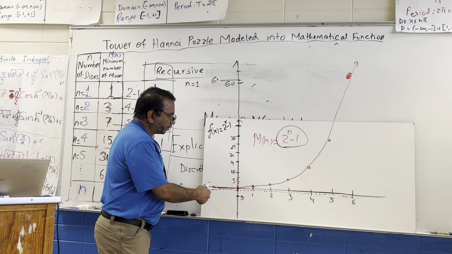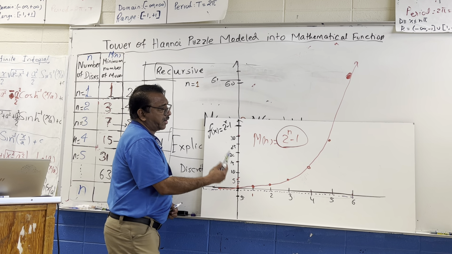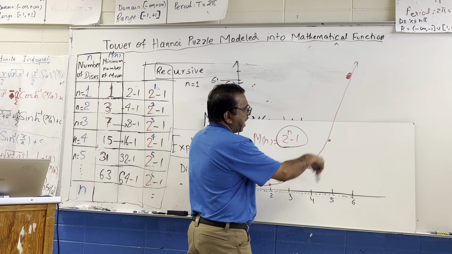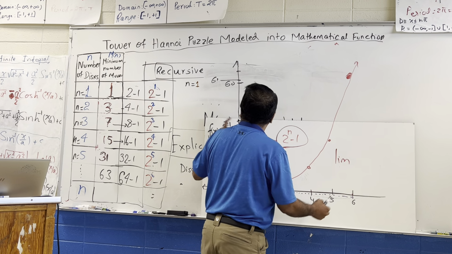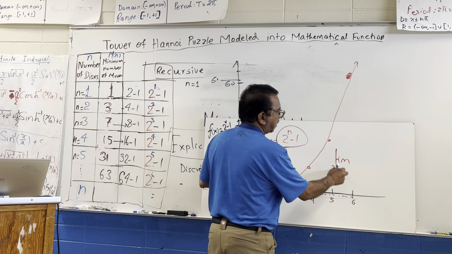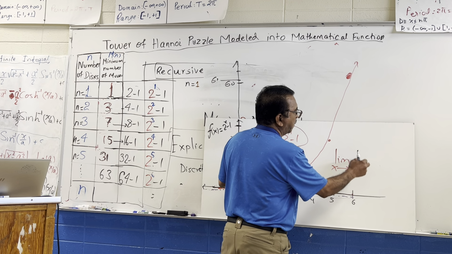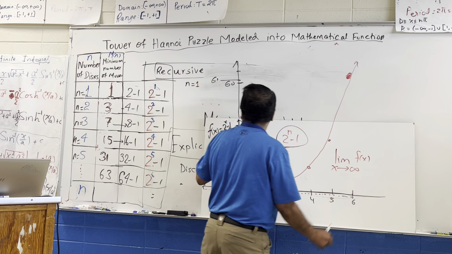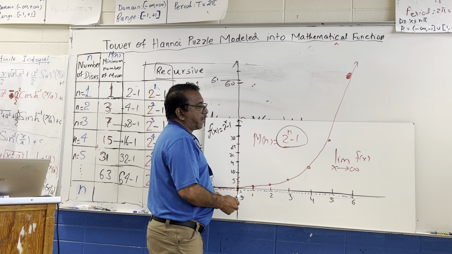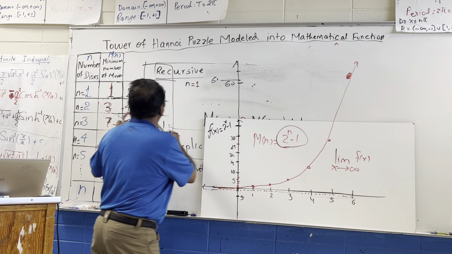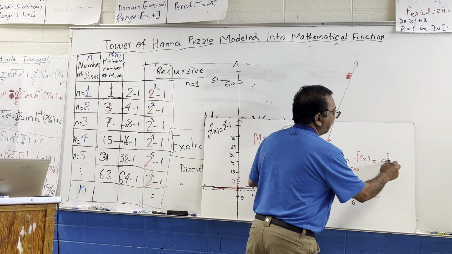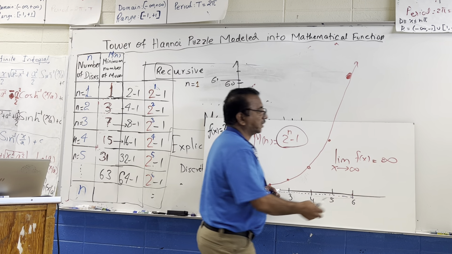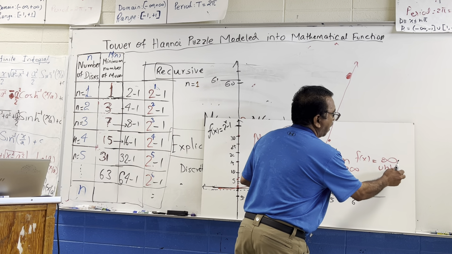Later on, as you go to higher classes, we see limits for this function f of x. If x approaches a very large number, if the number of disks becomes bigger and bigger, then f of x becomes infinity, it's unbounded. It just goes on.